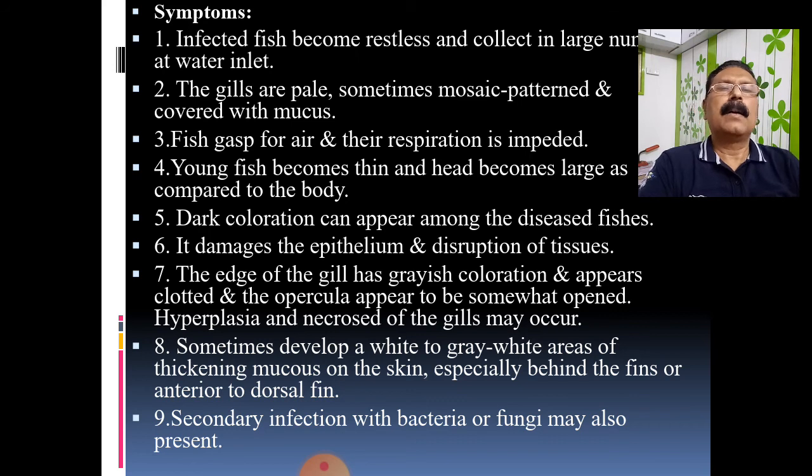In the case of Gyrodactylus, it affects the skin, and sometimes grayish spots develop over the skin. The wound made by damaging the epithelium or the skin becomes a site for secondary infection. So secondary infection may occur.